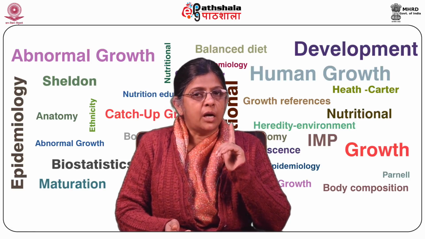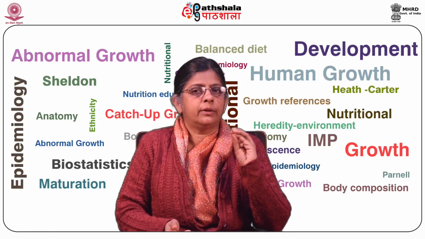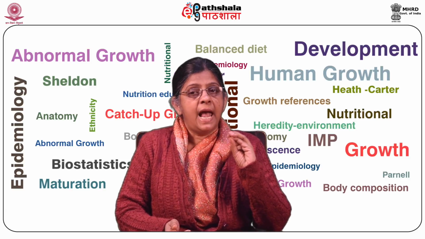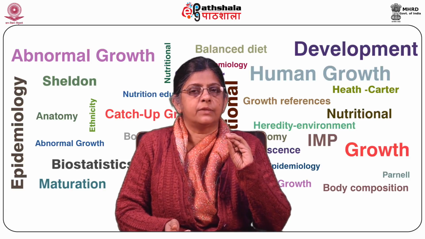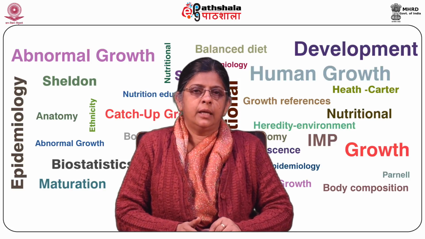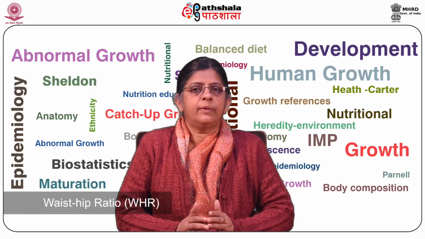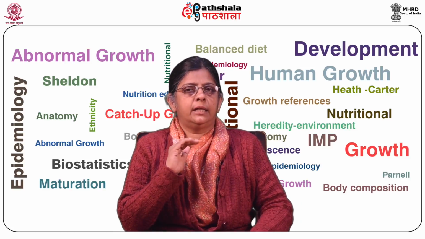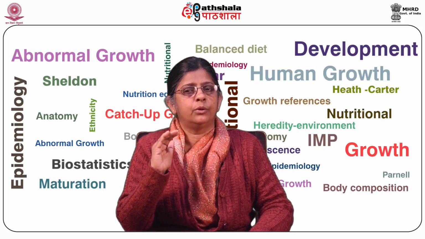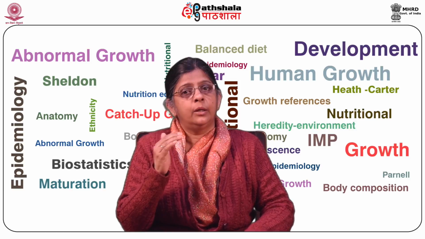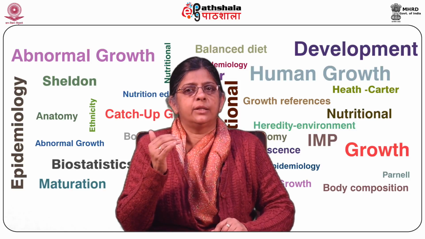However, for South Asians, the World Health Organization recommends cutoff levels of greater than 90 centimeters for adult men and greater than 80 centimeters for women to define abdominal obesity. Then waist hip ratio, also denoted as WHR.